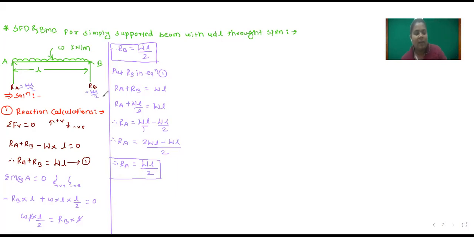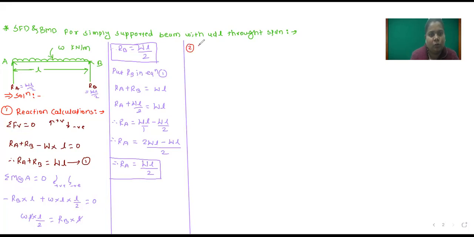Once we get the values of RA and RB, now we are able to find out shear force at various points. So we will do shear force calculations. Next step is step number 2, shear force calculations.